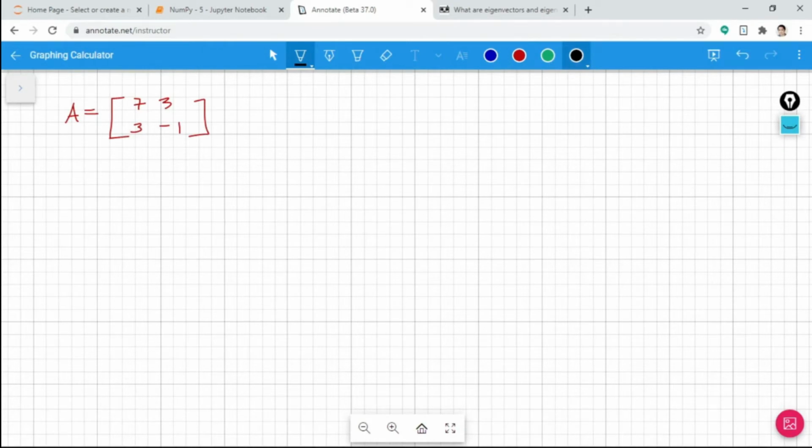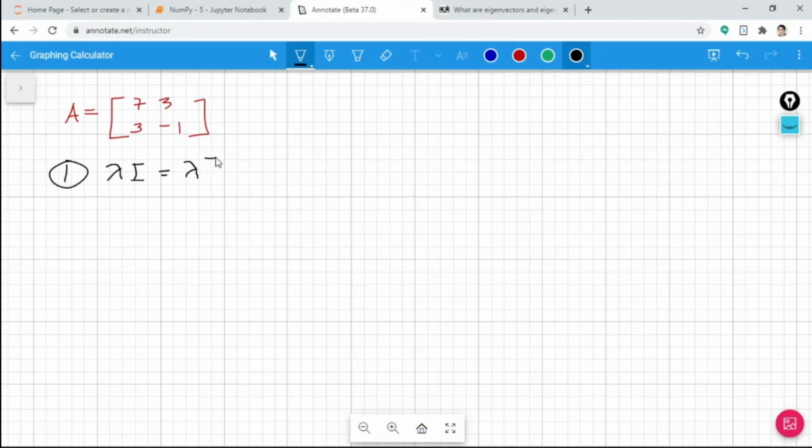And if we derive the eigenvalues, what are the eigenvectors? Okay, so let's do this step by step. So the definition is you have a lambda of the identity matrix. Okay, so you denote this by lambda.